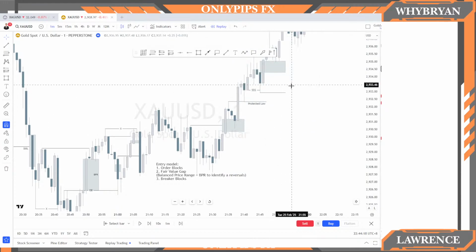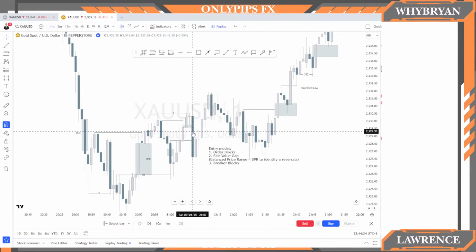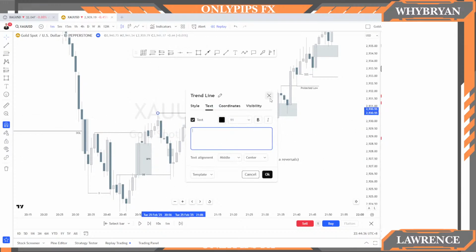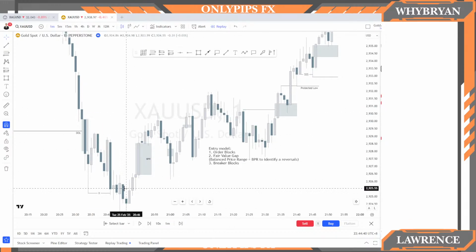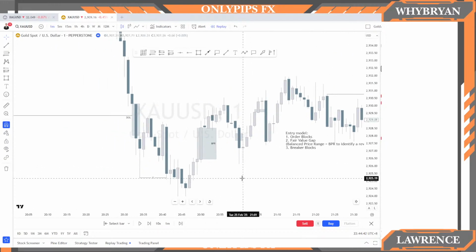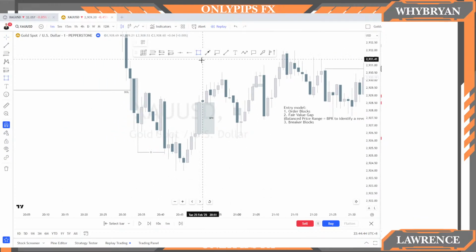So last, let's move on to the breaker blocks. So what are the breaker blocks? It is the break of the actual structure. Let me remove this. Now we see we have this OB level, correct?